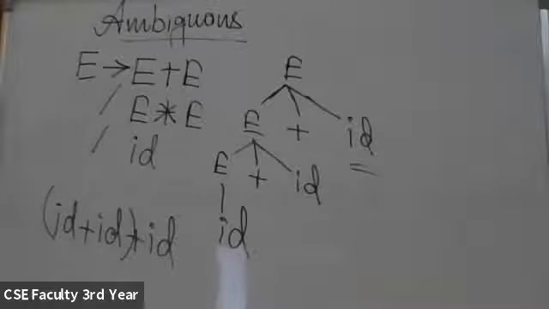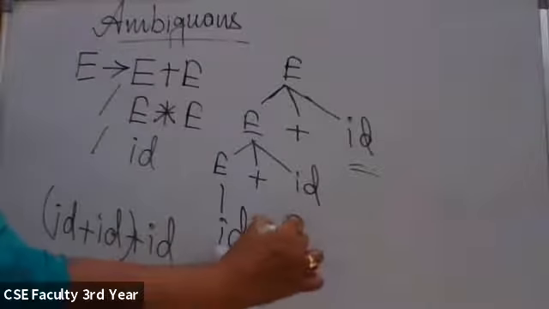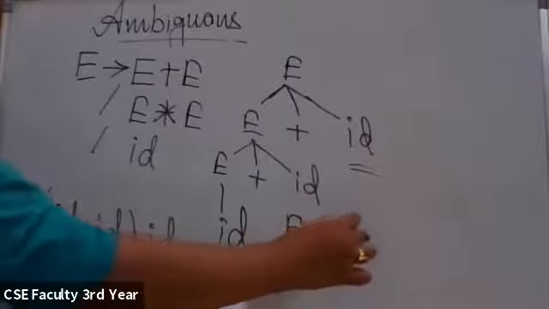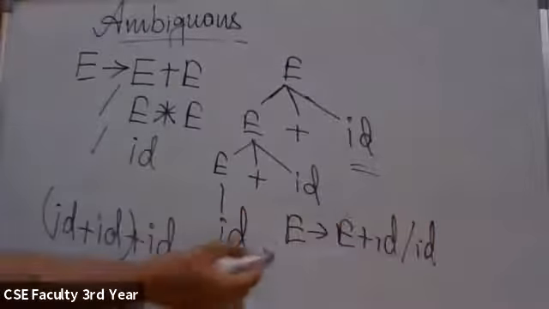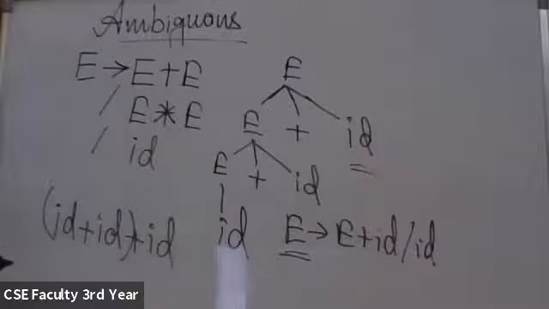Is it clear to you? Yes, ma'am. Okay. So what we have done is we have written the grammar in such a way that it is left recursive now. What did we write? E derives E plus ID or ID. So this is a variable.